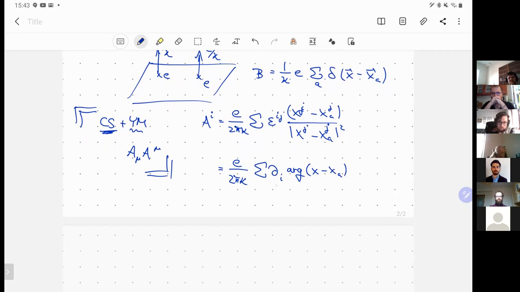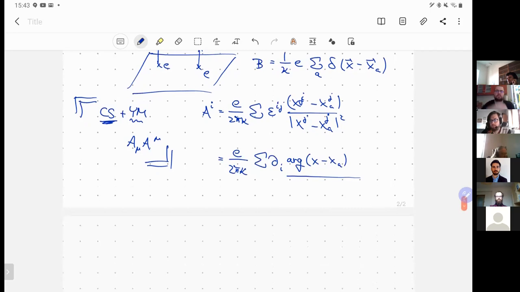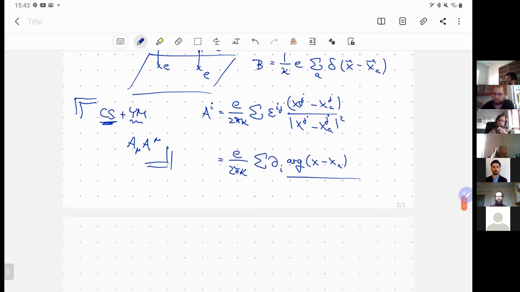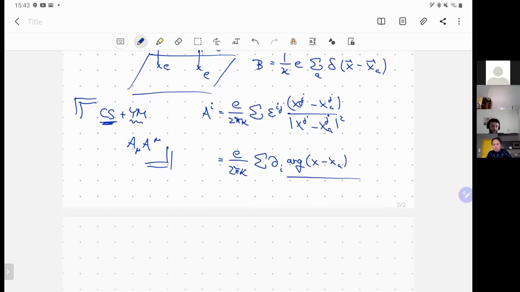A word of warning is that it's not pure gauge, because these functions are not regular. They have branch cuts and singularities. So you can't just sweep the potential under the rug and say, oh, this is a vacuum solution. You can see that these have branch cuts.